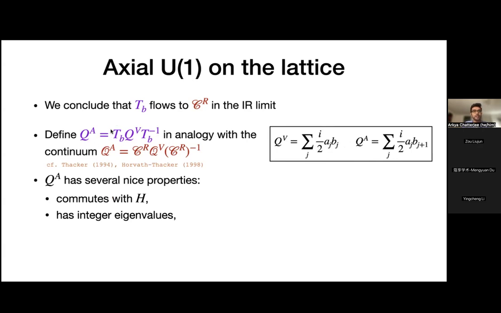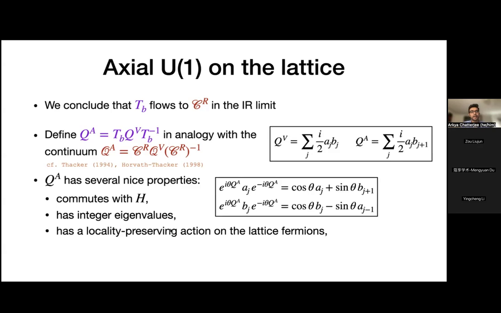And TB is a unitary transformation. Since a unitary transformation cannot change the spectrum of any operator, the spectrum of QA is identical to that of QV. In other words, the eigenvalues of QA are identical to those of QV, and hence they're integer valued.